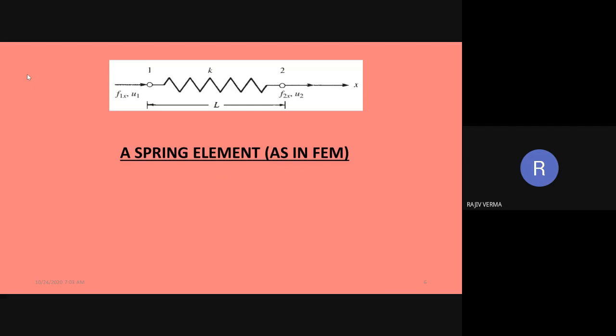In fact, there should have been a subscript for deformation also. x has intentionally been written over here because there are going to be cases when we are going to see that force is acting at a node along more than one direction. I mean, there might be a force acting along the x-axis, there might be a force acting along the y-axis also, and similarly along the z-axis also. So we have intentionally written f1x.